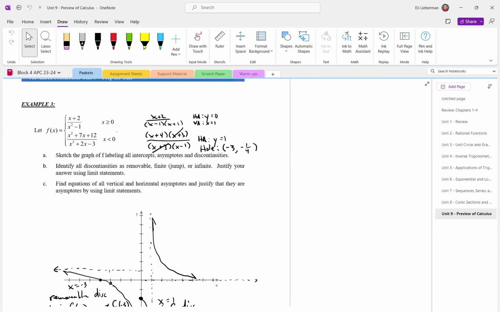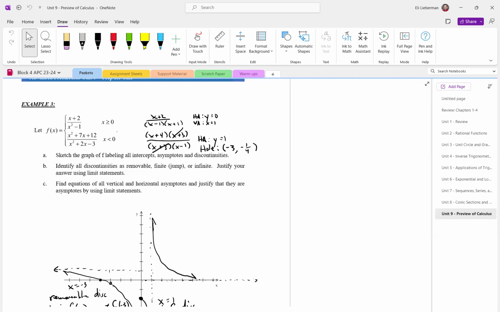Specifically, I'm checking there for a jump discontinuity. Otherwise, the other ones, since they're rational functions, would be either removable or vertical asymptotes, so the infinite discontinuity.